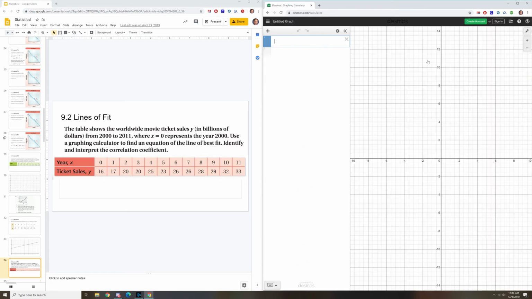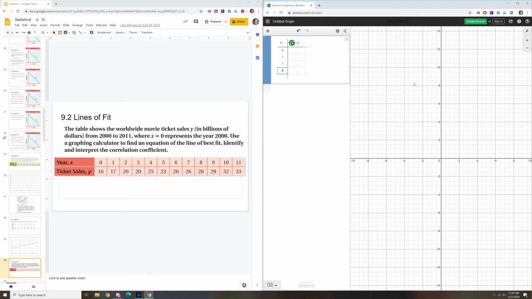Now, the first thing we want to do is make our table. So we'll hit this plus sign here and hit table. So notice you have x sub 1, y sub 1. And remember, the only reason there's that subscript 1 is to show you that these values belong to the first table with the x and y values. So now we'll enter in our values. You got 0, 1, 2, 3.